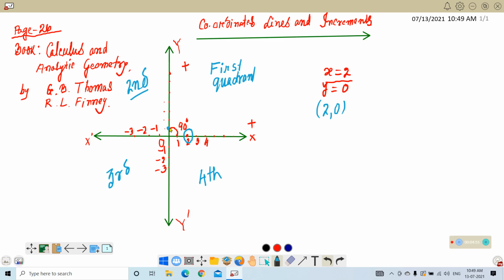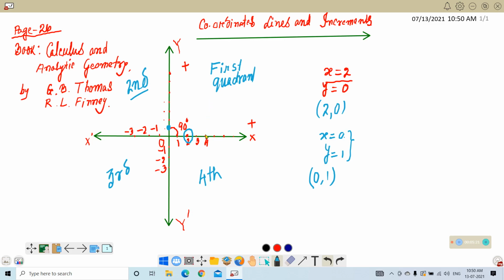Here, at this point, x is equal to 0 and y is equal to 1. So these two digits 0 and 1 define this point. So for each point there will be a coordinate.